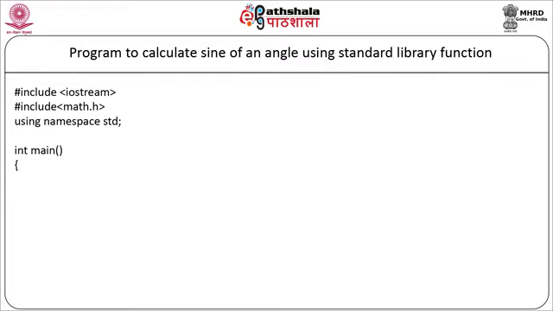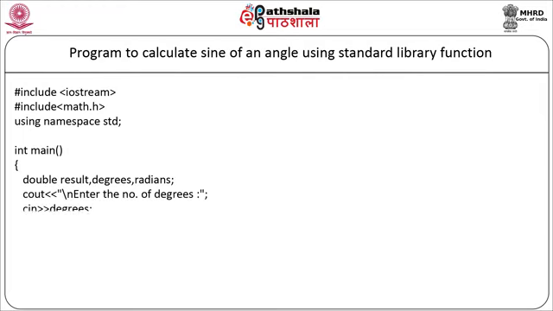Integer main, we will declare the variables first: double result, degree and radians. First we will take the input from the user as cout, enter the number of degrees, cin degrees. Now we will give the value to the variable radians as radians equal to degrees into bracket pi divided by 180.